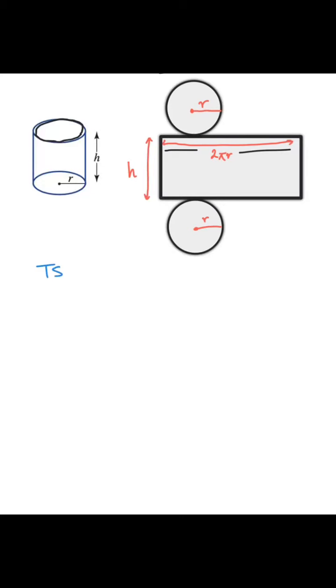So total surface area of a cylinder. I'll start off with my two circles. So I have 2 times the area of my circle plus the area of the rectangle. To find the area of a circle, it's pi r squared.